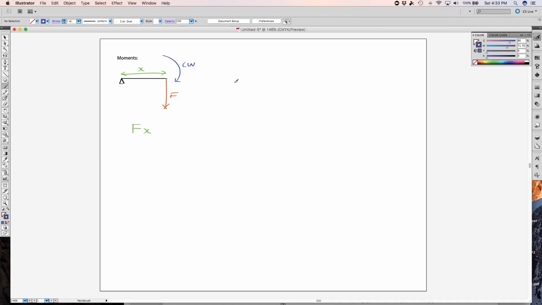All right? Now, if, however, we had another object, let's say we had an object like this, and the object was really resting on a surface, like on a table, like so.